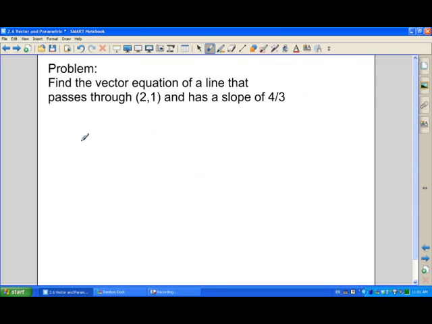So let's look at an easy problem. Let's find the vector equation of a line that passes through 2 and 1 and has a slope of 4/3. So here I'm going to use that point 2 and 1 as my starting point, or r0.